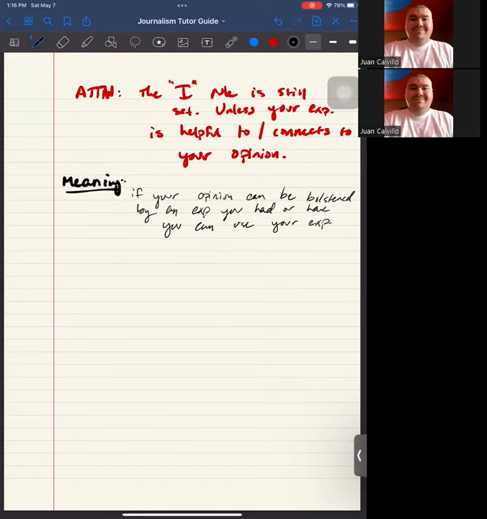So what does that mean? That means that if you are writing, for example, blah, blah, blah, this is information that you got from maybe some research that you did, or maybe an interview you conducted.